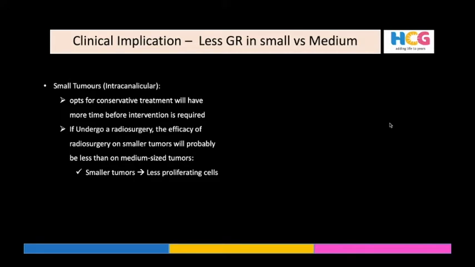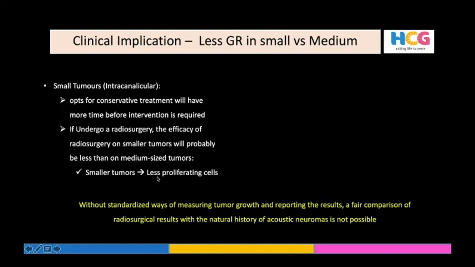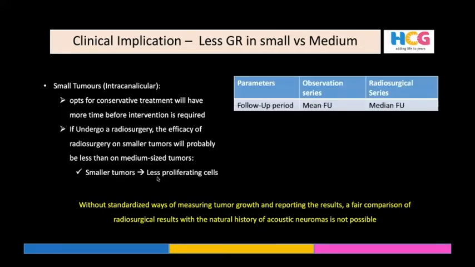That's not ideally the choice for radiosurgery, because the smaller the tumor, the fewer the proliferating cells. Having said that, there are no standardized ways of measuring tumor growth and reporting the results, and a fair comparison of radiosurgical results with the natural history of acoustic neuroma is absolutely not possible.